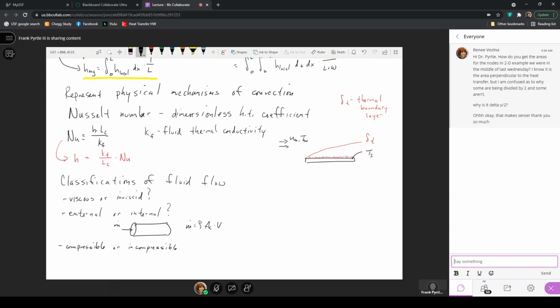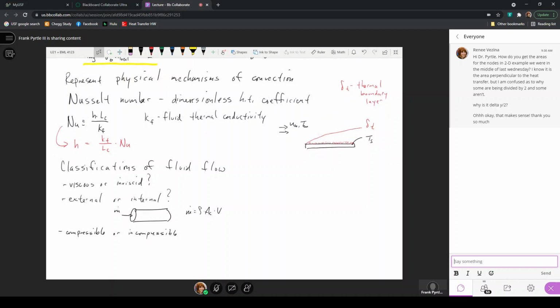Recall that the density times the specific heat of the fluid is an indication of the amount of energy that can be stored in the fluid. That stored energy results in a temperature. And if I change the density of the fluid as it's flowing over a plate or through some ductwork, then that will affect eventually what the heat transfer coefficient would be that we would actually define.